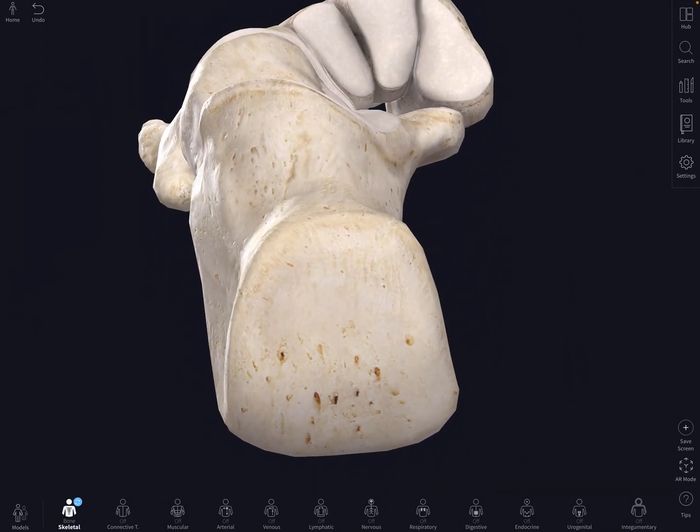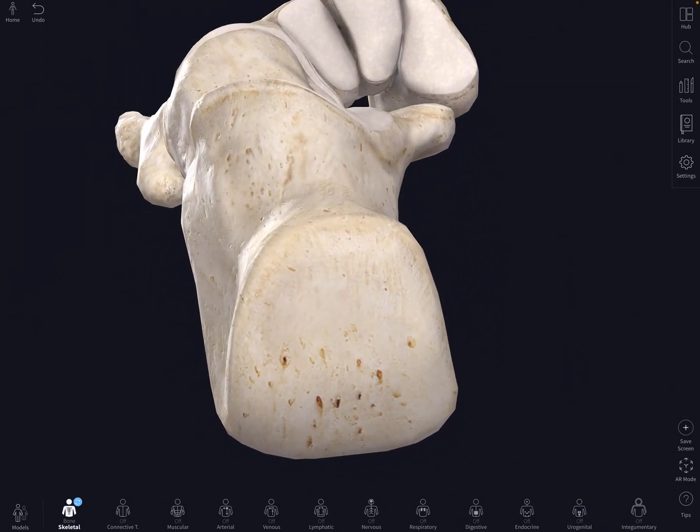Here's the posterior aspect of the calcaneum, and it has a roughened ridge across its middle, and the tendocalcaneus is attached to this ridge. And the area above this ridge is smooth and is separated from the tendocalcaneus by a bursa.